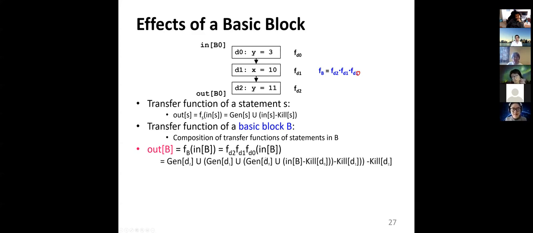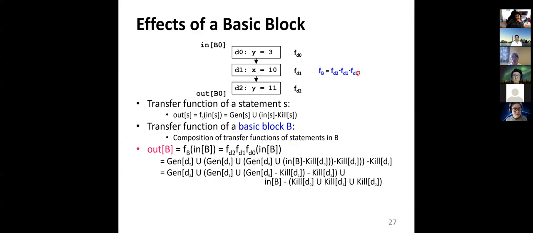Now, if we formally write the equations here, what that means is you start from the top, GEN of D2 union GEN of D1 union GEN of D0 union, and then you get IN minus KILL D0, minus KILL D1, and minus KILL D2. Using the mathematical equivalences and the set theory, I can keep simplifying this, right?